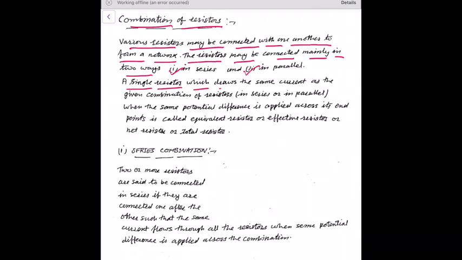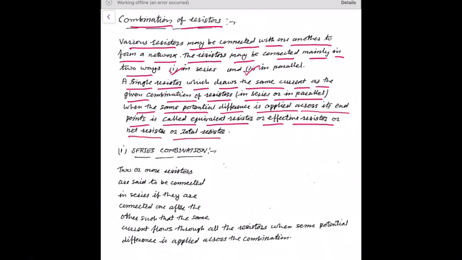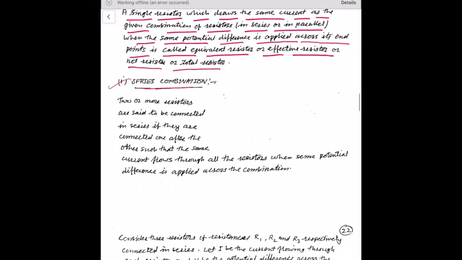A single resistor which draws the same current as the given combination of resistors in series or in parallel, when the same potential difference is applied across its end points, is called the equivalent resistor, or effective resistor, or net resistor, or total resistor.